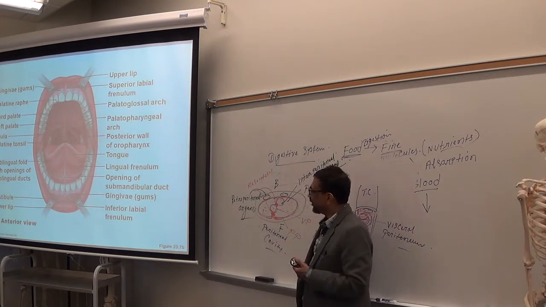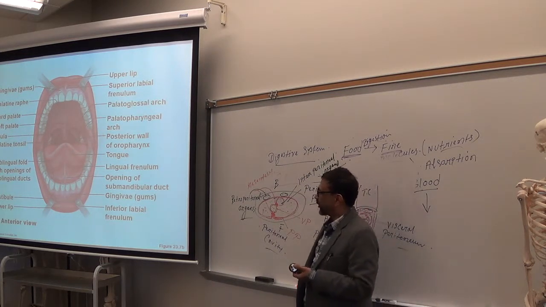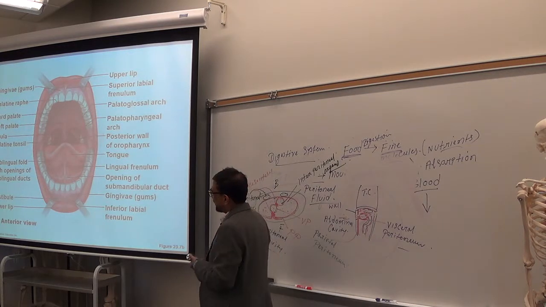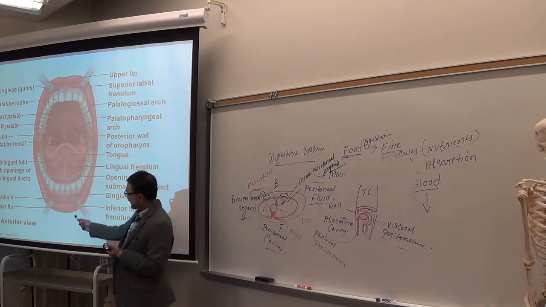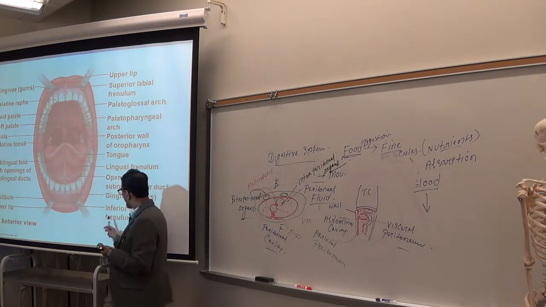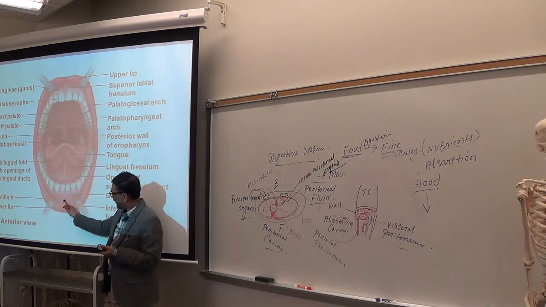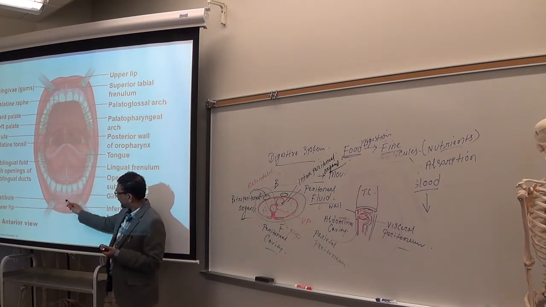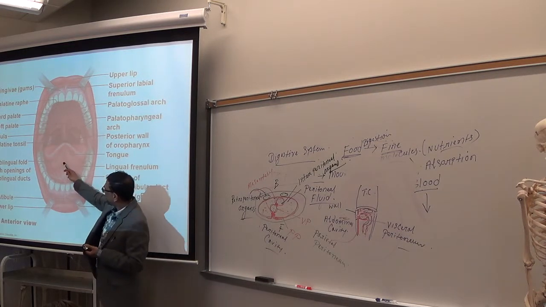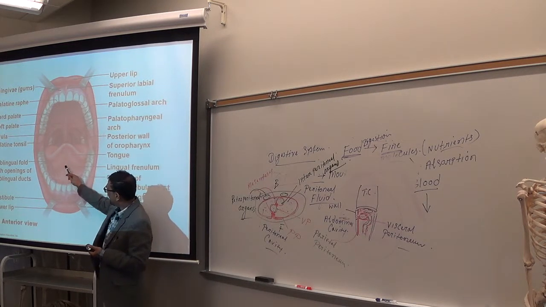Under the tongue, you have frenulum. In between the gum and the lip, you have frenulum. You see here, this is the gum, this is the lip, and this small tissue structure is called the frenulum. Under the tongue, you also have frenulum.